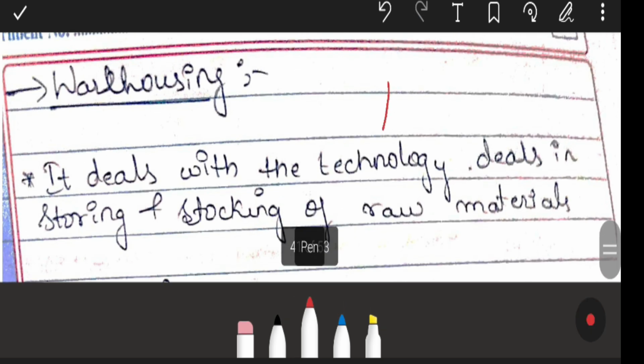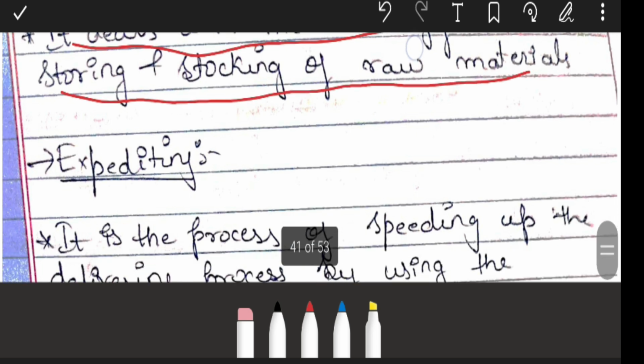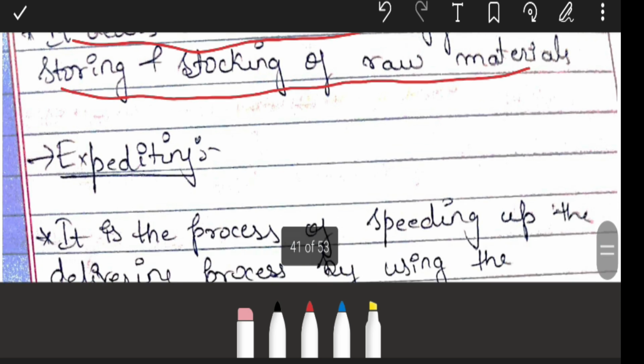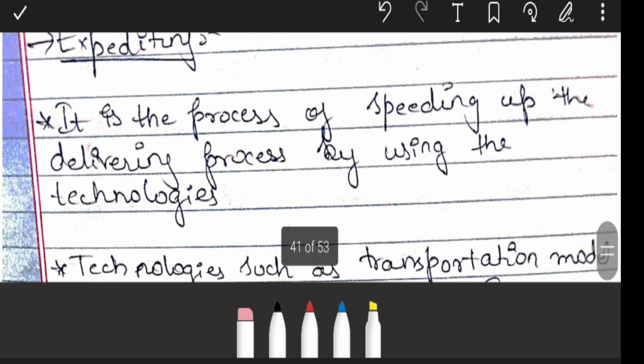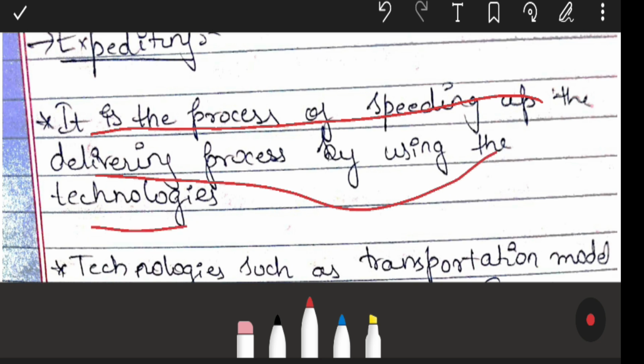Warehousing deals with the technology for storage and stocking of raw materials. Expediting is a process of speeding up the delivery process by using technology.